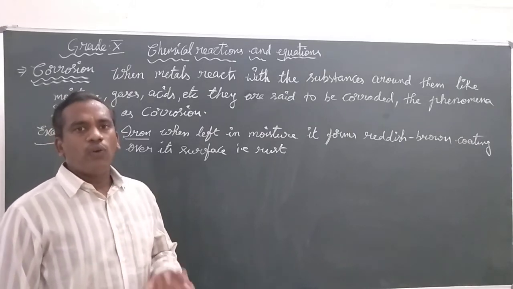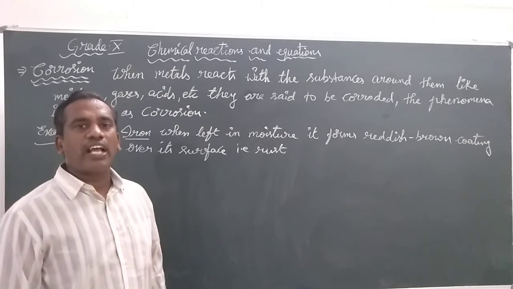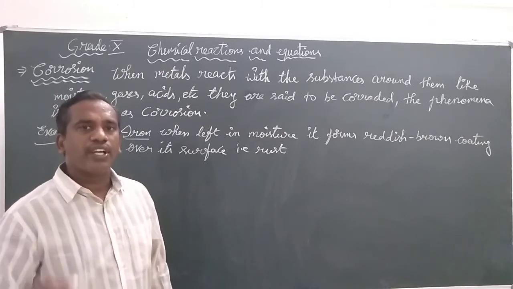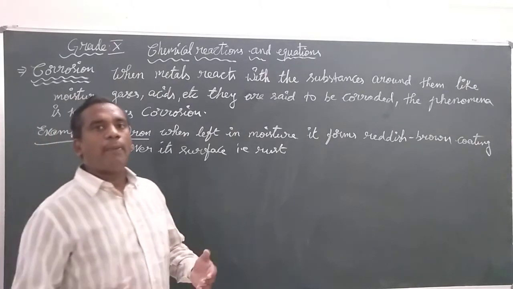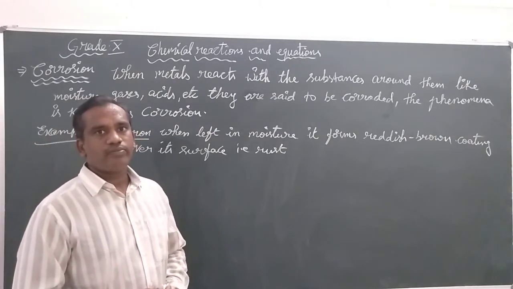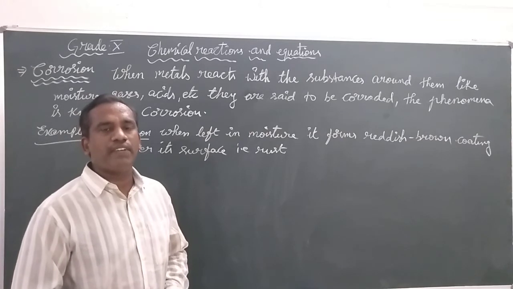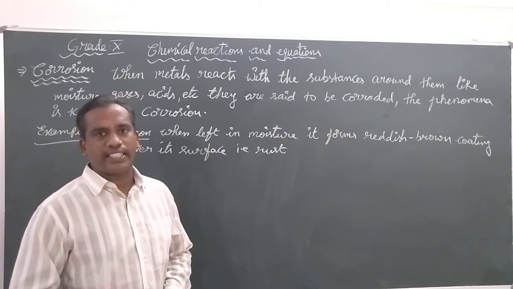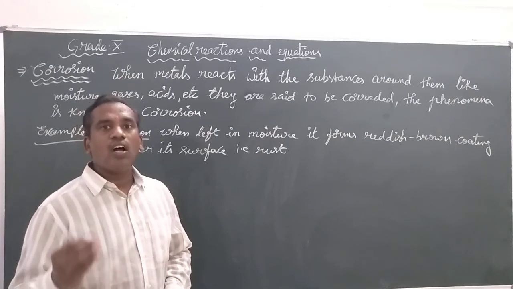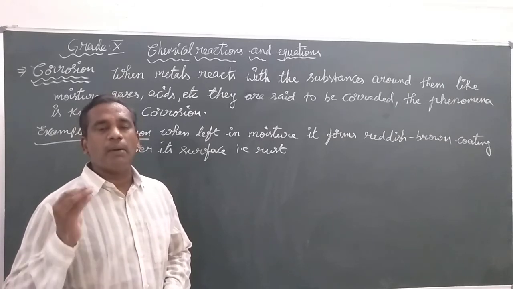Do we know a few more examples which are undergoing the process of corrosion? If not, let us take. What is the color of copper metal? We had already discussed this in the previous session on oxidation and reduction reactions. The color of copper metal is brown.